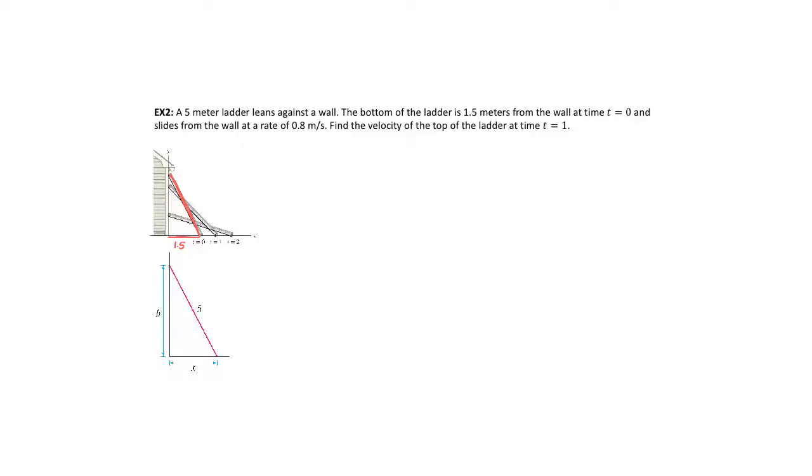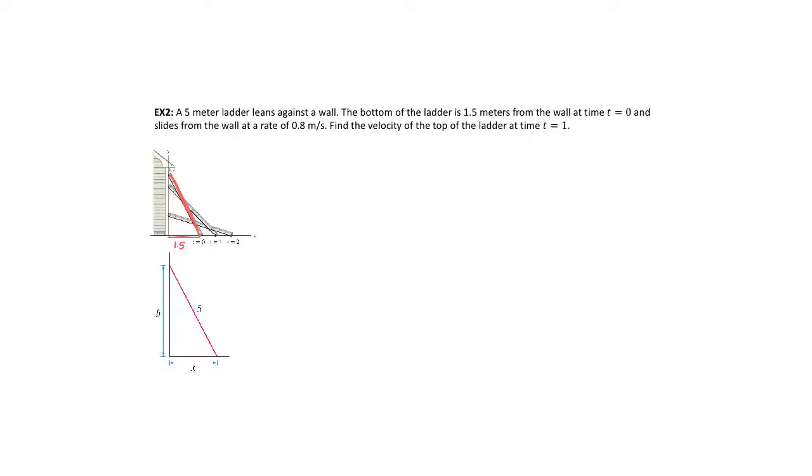The difference is that the speed at which the bottom is moving away from the wall is constant, whereas the speed of the top of the ladder, which is going down because the ladder is sliding downward, is actually varying, is not constant.